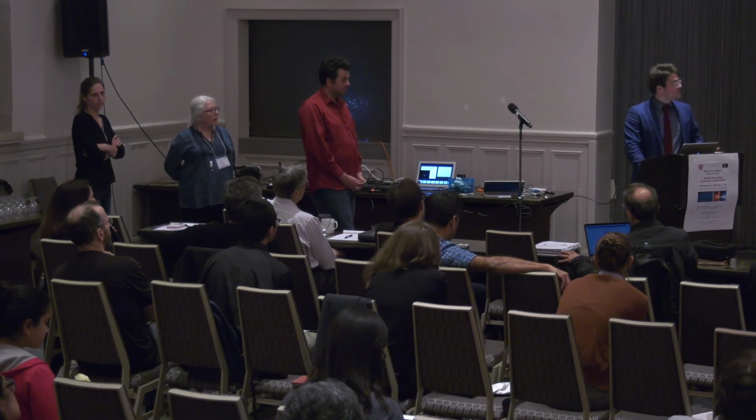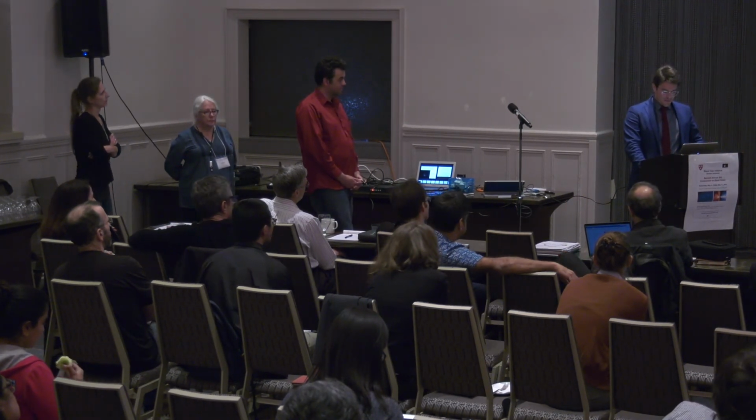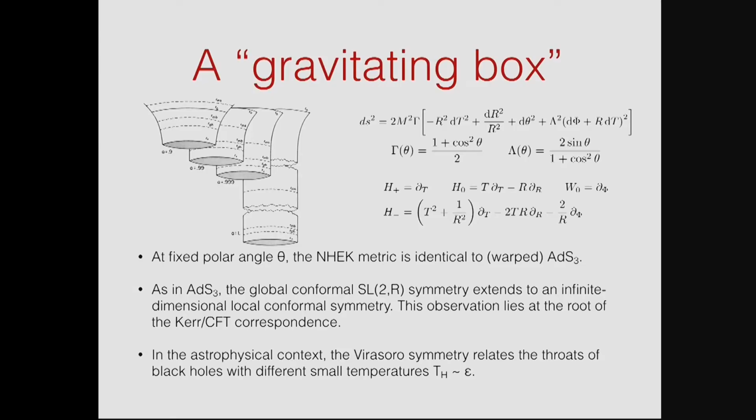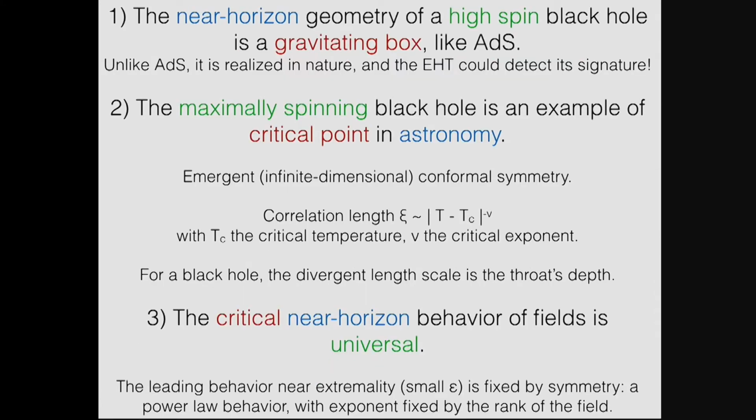That's a very good question, and there was no way to do it justice in the short amount of time I had. This is what I was trying to allude to here. These calculations should hold exactly when the black hole is precisely extremal, but it's not like if you introduce a small deviation from extremality, everything just suddenly breaks apart. It's exactly the same as what happens in condensed matter systems.